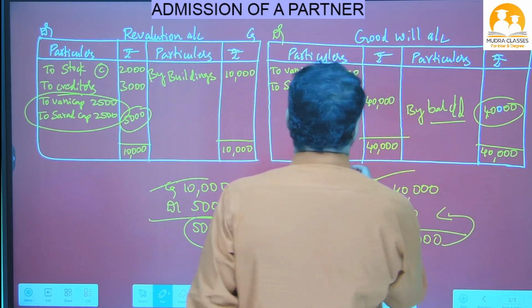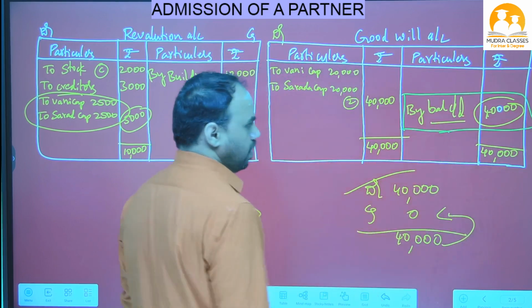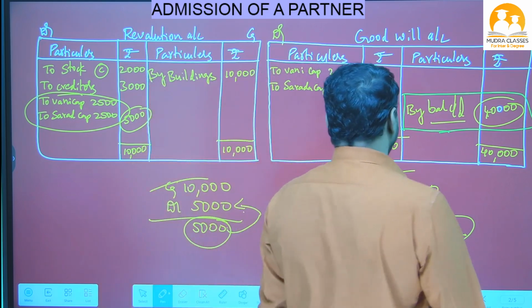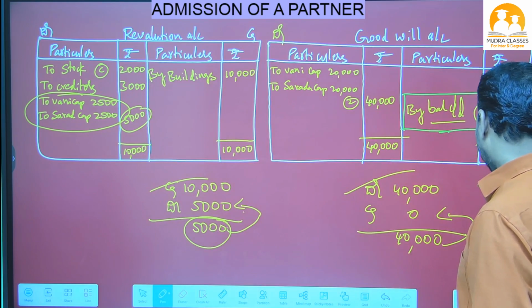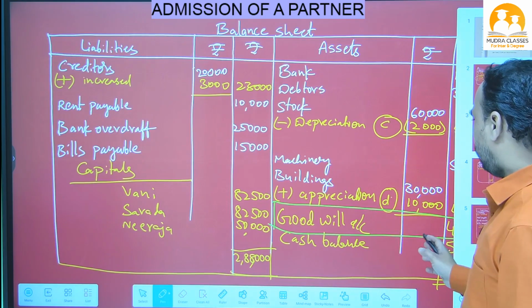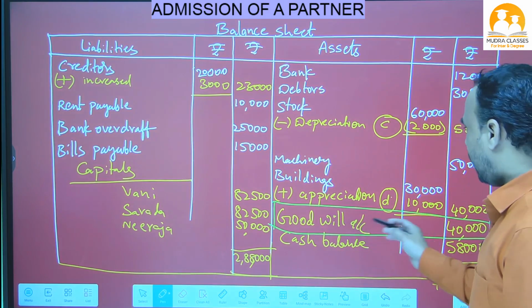This is the new item. Previously we did not get this item. Here in the goodwill account we got balance carried down, and that's why we wrote it in the balance sheet asset side as opening goodwill. So this is the new point in this question. So you have to highlight this one.